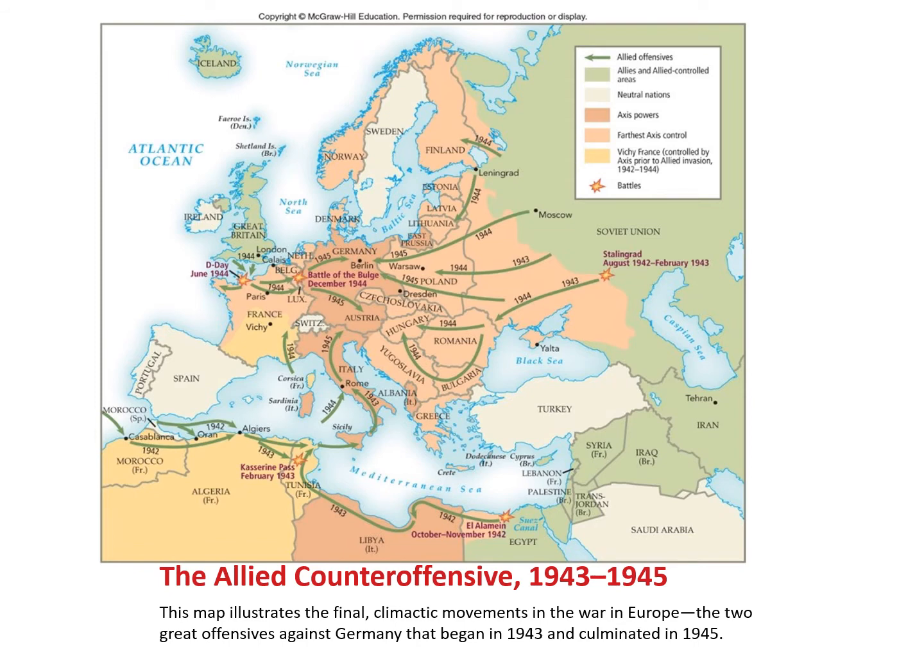Okay, here's a map of the Allied counteroffensive as we come up through Italy and France and come from the east to the west from Russia. And this sets up the Cold War.